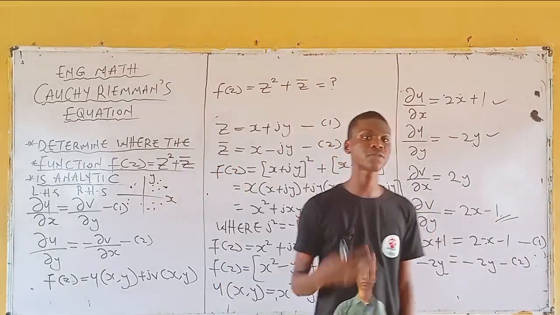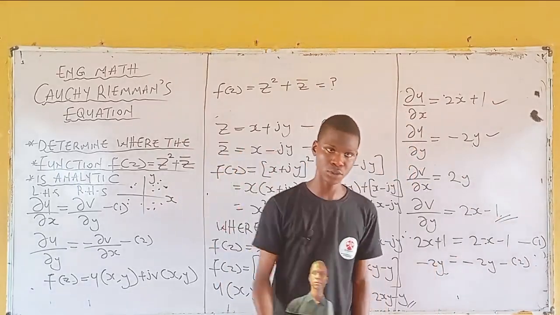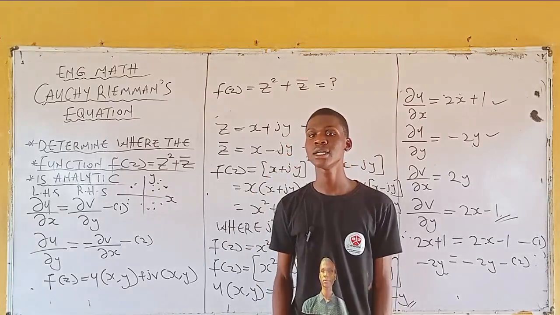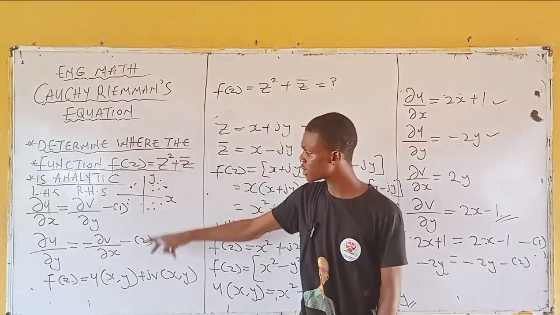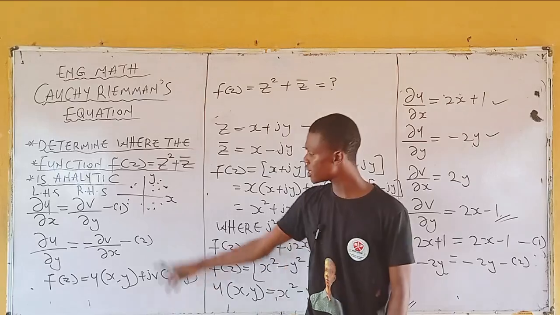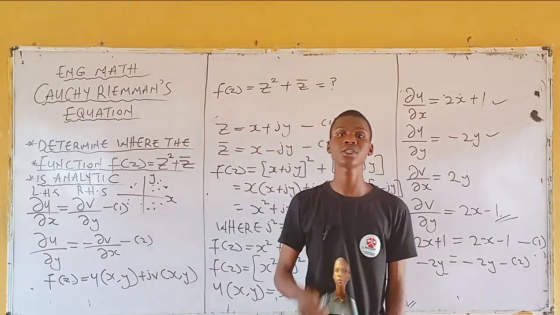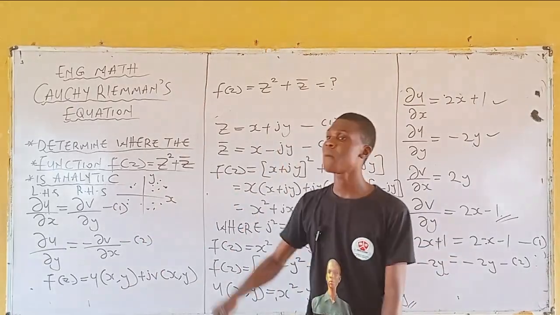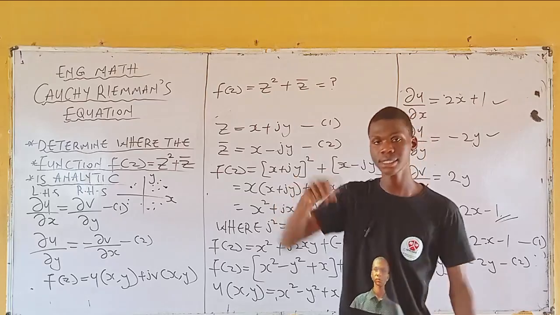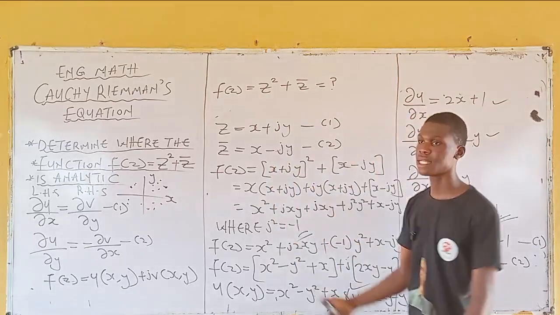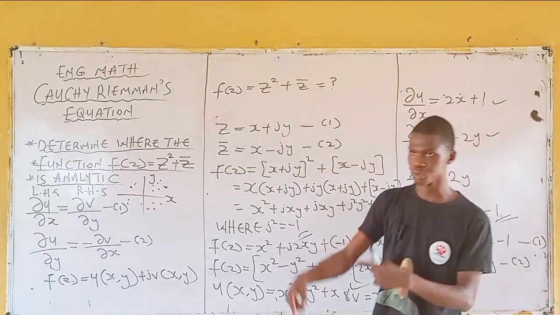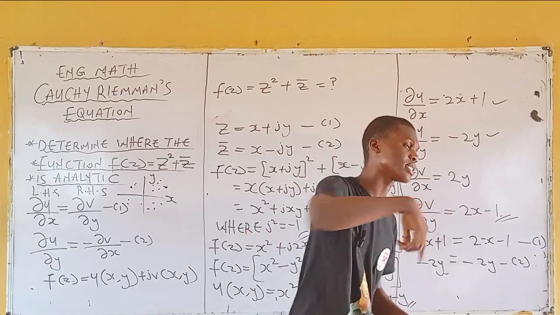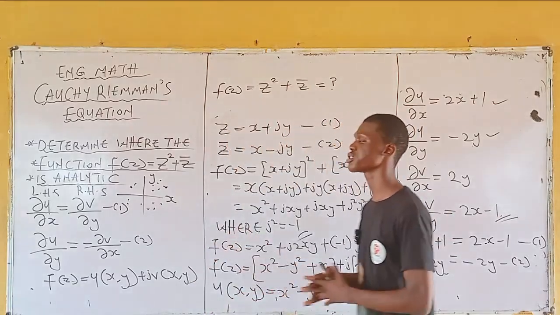Because when we started, we saw that a complex function is analytic, or holomorphic, when the two conditions of Cauchy Riemann's equation are satisfied, meaning these two conditions must be satisfied before you say that your function is analytic. So with what I have on this board, my function is nowhere analytic, meaning that it is not differentiable at any point. It does not have complex differentiability at any point. So that's what Cauchy Riemann's equation means.